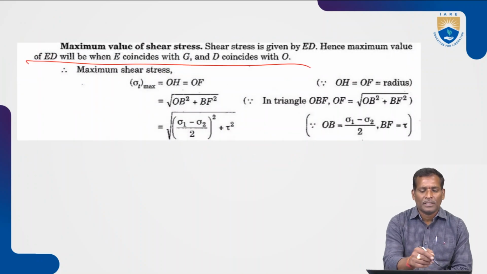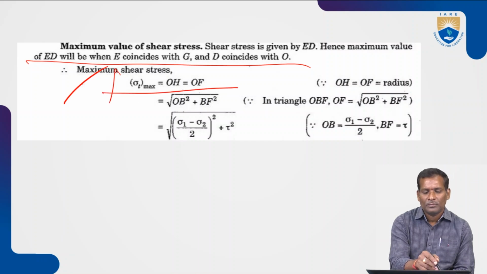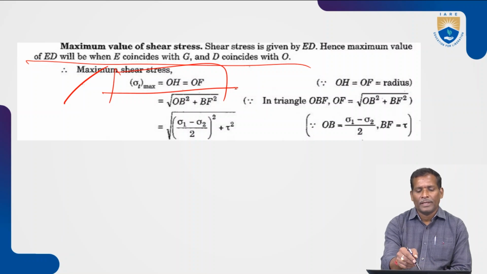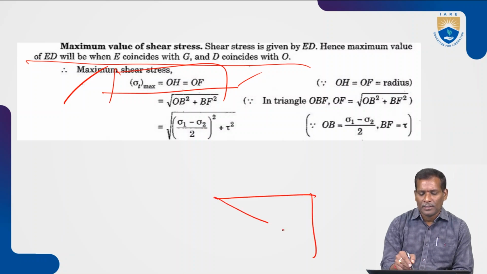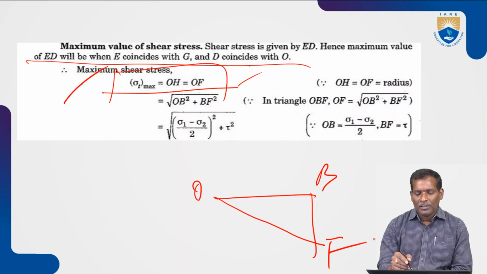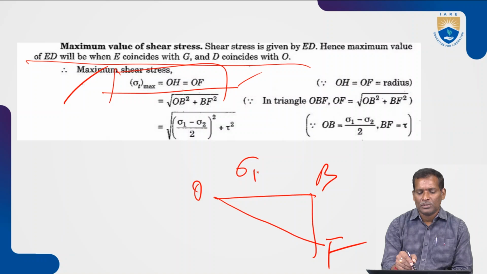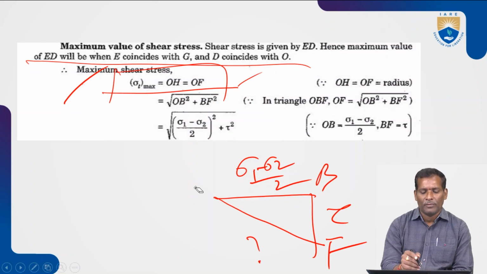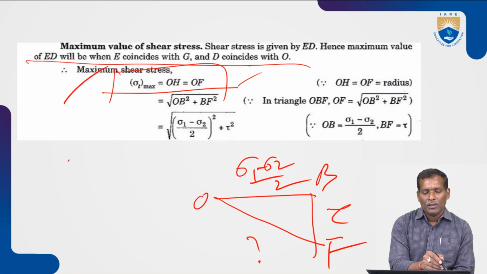See, the maximum shear stress: you can write OH is equal to OF from the diagram. So in triangle OBF, OB is equal to (sigma 1 minus sigma 2) by 2, and BF is equal to tau. So how much is OF?